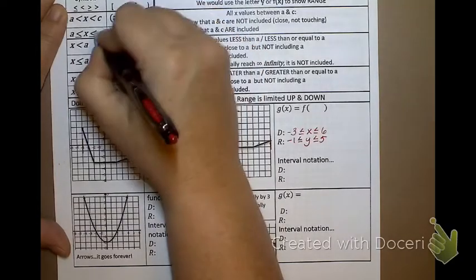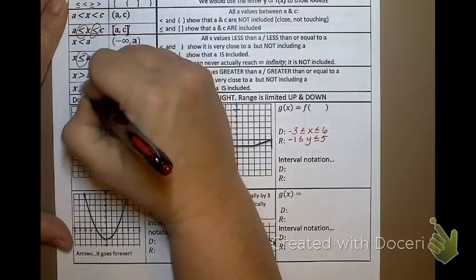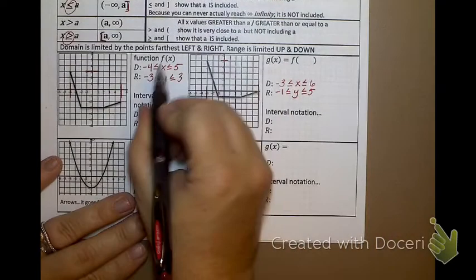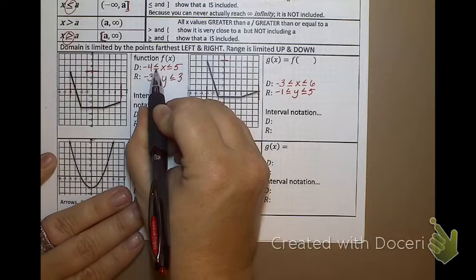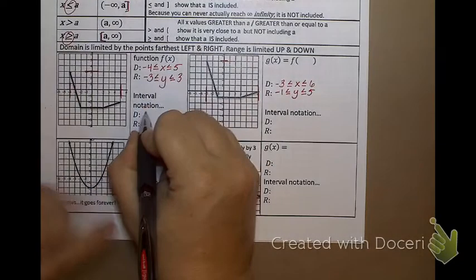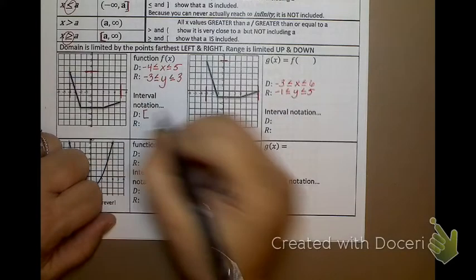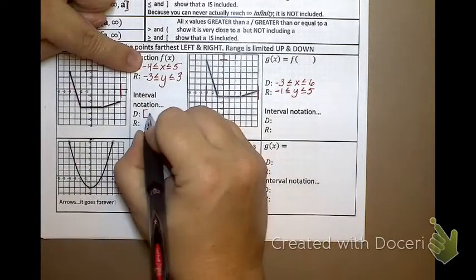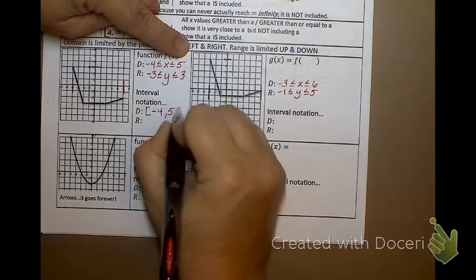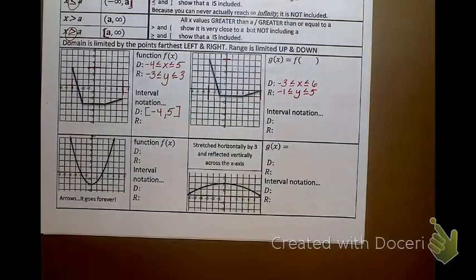Every time it comes up is when you have that or equals to with your inequality. So I have an or equals to right here and an or equals to there. In fact, all of these have or equals to. So what that means is I have square brackets, and then I'm going to put the smaller number, comma, the bigger number, and another square bracket.